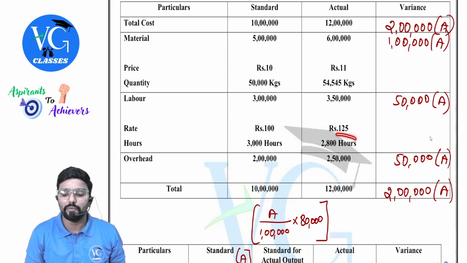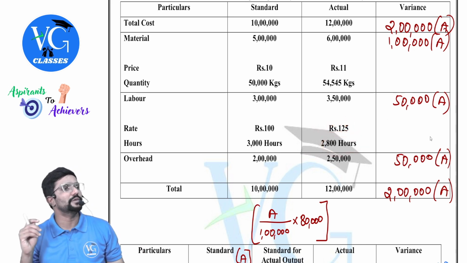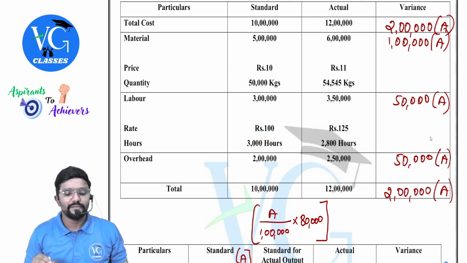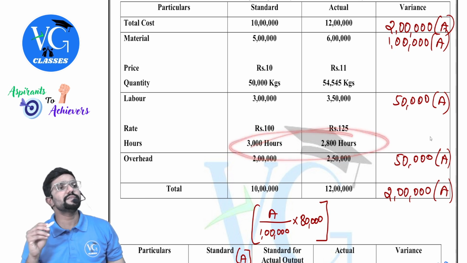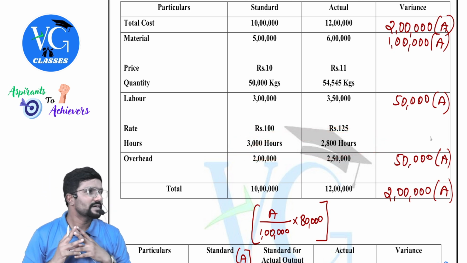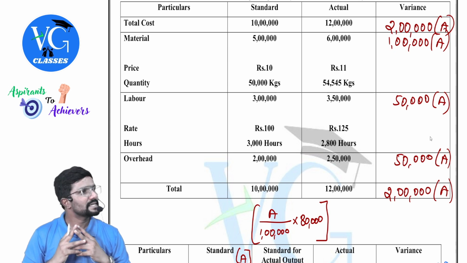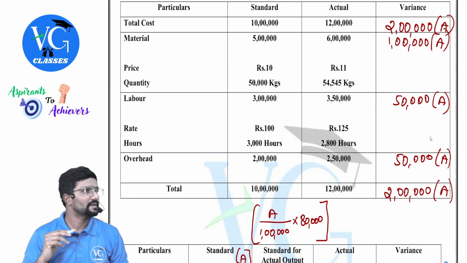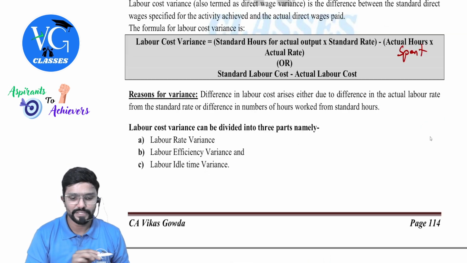In my example, actually you have taken fewer hours, but you have made more payment. So that means labor rate variance will be adverse, whereas labor efficiency variance will be favorable. Is that clear? Yes. But if you net adjust, you will get adverse 50,000.